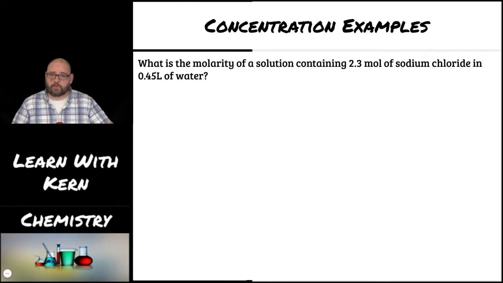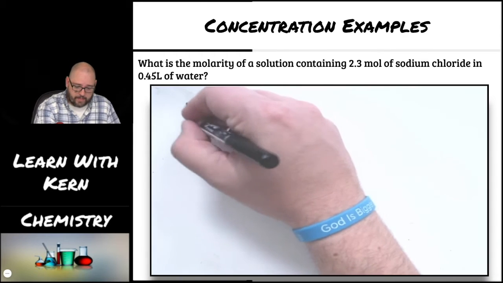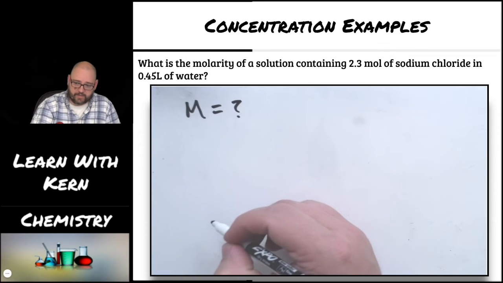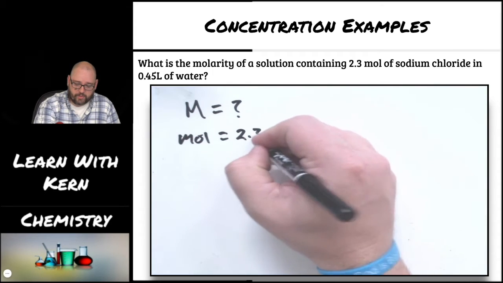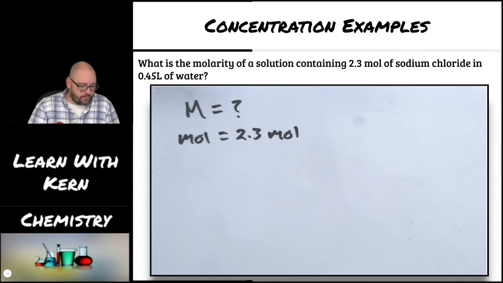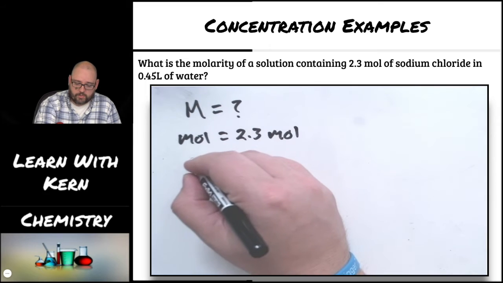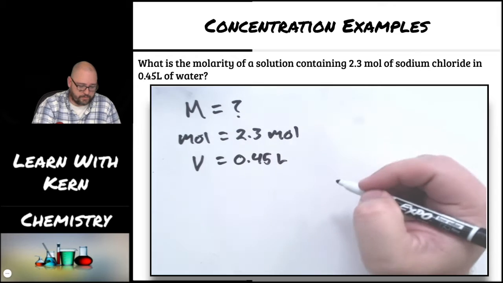Our first example problem: what is the molarity of a solution containing 2.3 moles of sodium chloride in 0.45 liters of water? I have molarity as what I am looking for. My moles is 2.3 moles, in 0.45 liters of water, so my volume is 0.45 liters.